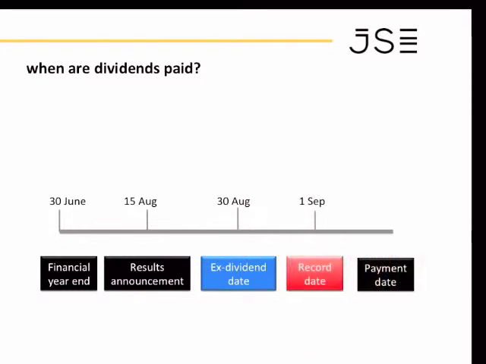And then the record date of the company could be the 1st of September, and that's when they look at the updated list of shareholders who will be entitled to receive that dividend. And then the payment date, 15th of October, would be when this dividend gets paid to all the different shareholders.